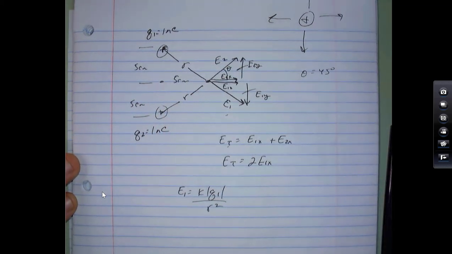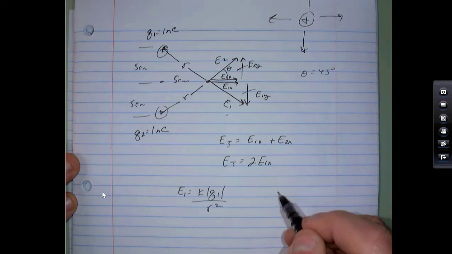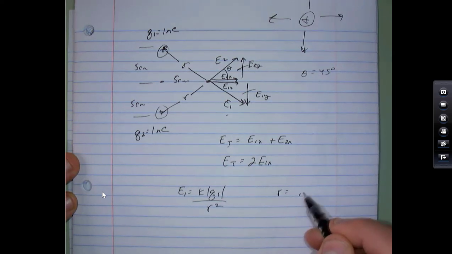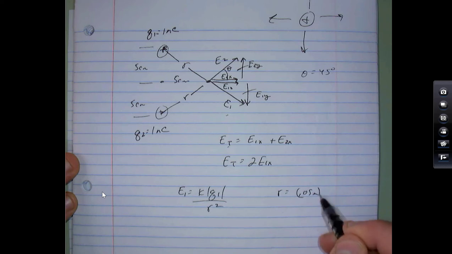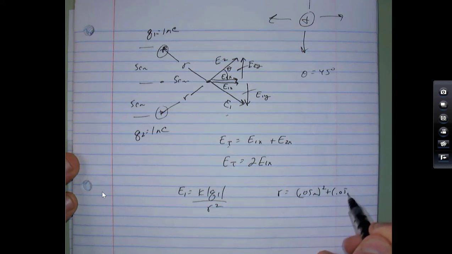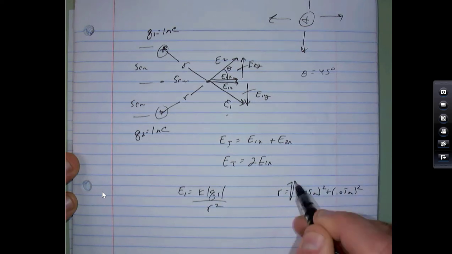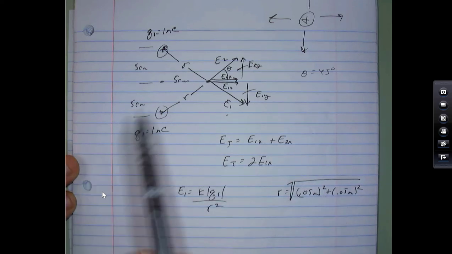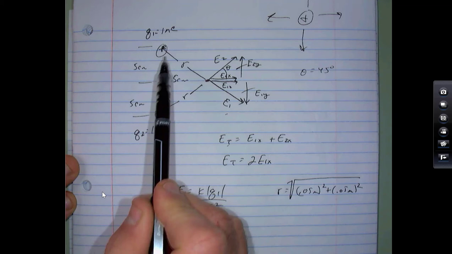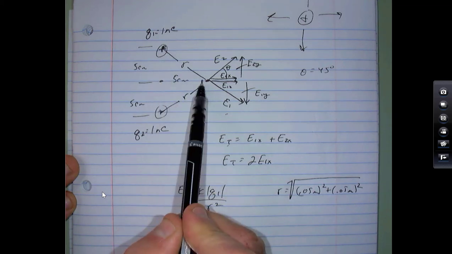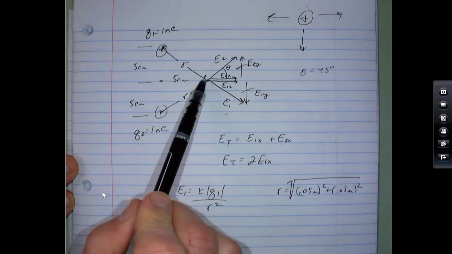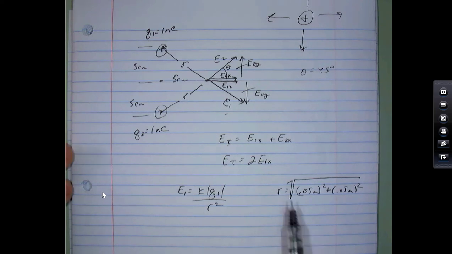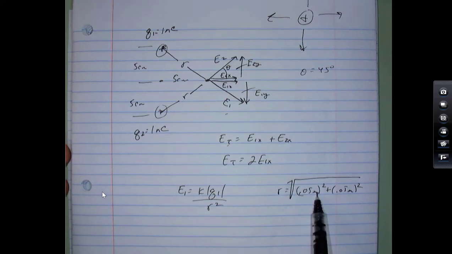So you'll have to do a little bit of calculating to get that. So this would be 0.05 meters squared plus 0.05 meters squared. The square root of that will give you r. Kind of what you did in the last problem. So this squared plus this squared is equal to r squared, Pythagorean theorem. So then r is the square root of 0.05 squared plus 0.05 squared.